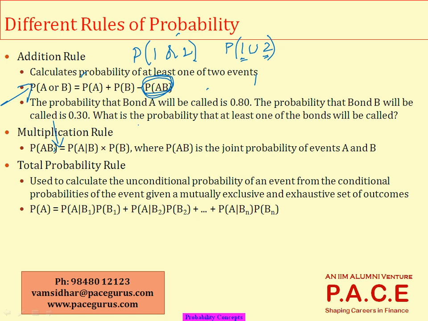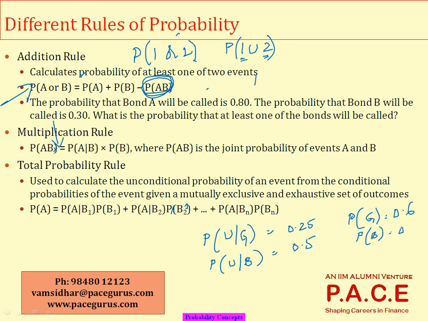And sometimes what happens is we also talk about, let's say, I'm having some of the things like probability of unemployment given the economy is good is 0.25. Probability of unemployment given the economy is bad is 0.5, and the probability of a good economy is 60%, probability of a bad economy is 40%.